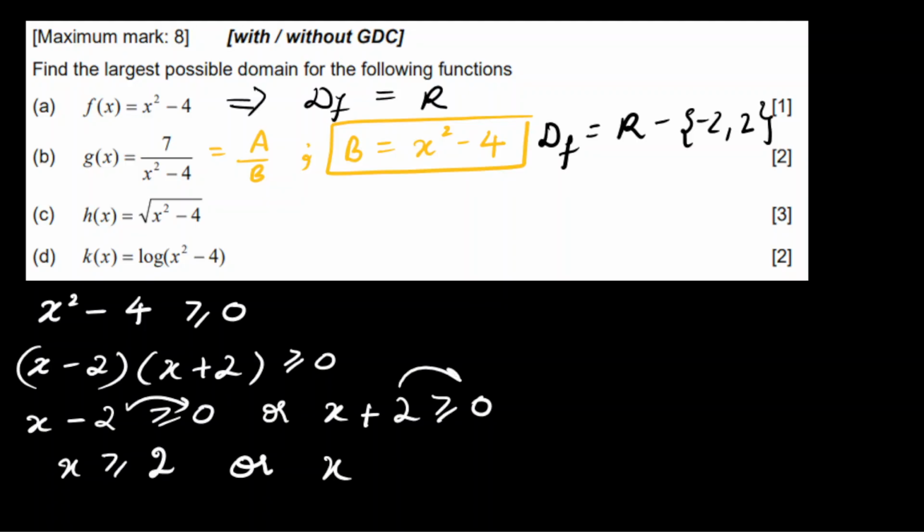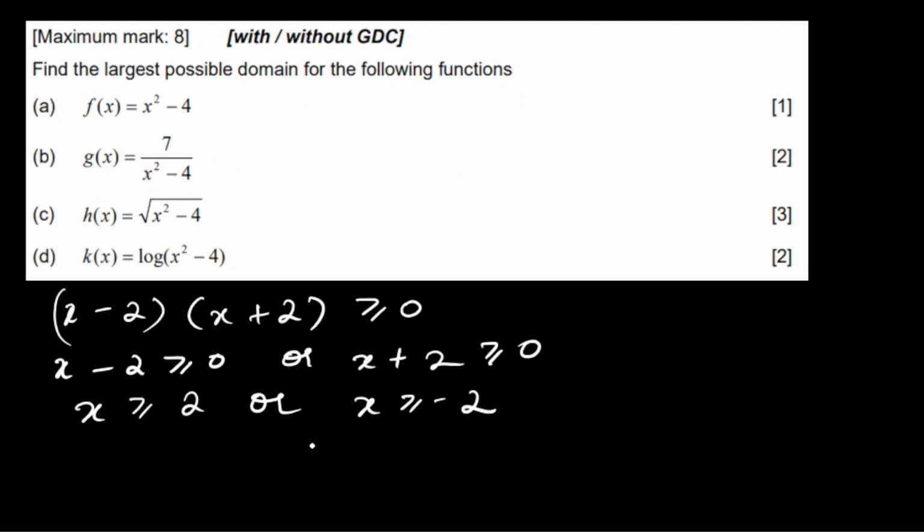And here we'll shift positive 2 to the other side to get x is greater than or equal to negative 2. Whenever we are finding an inequation, we have to combine. On combining, I'll get the value.